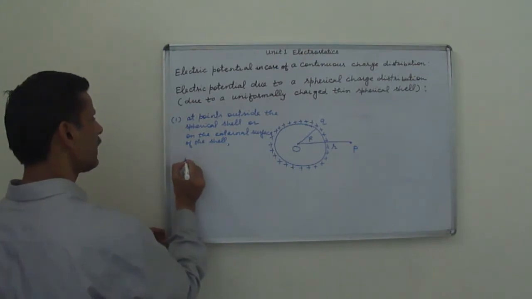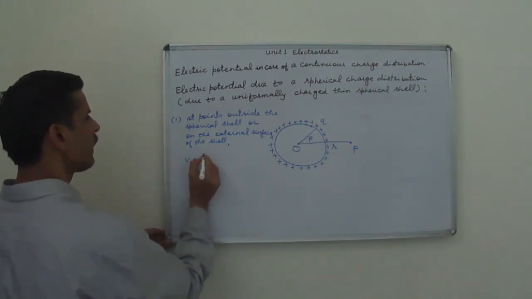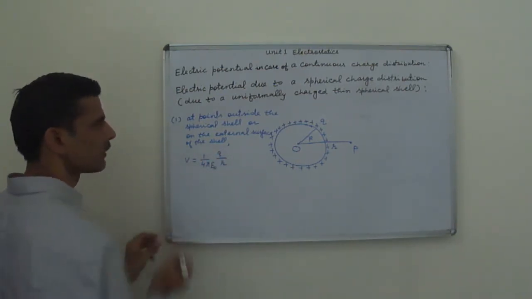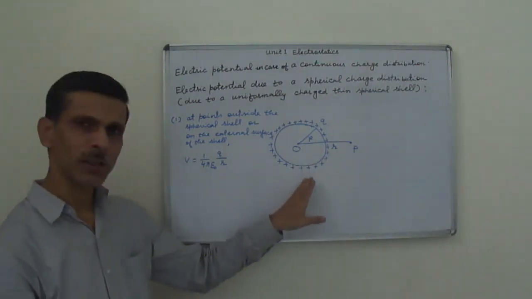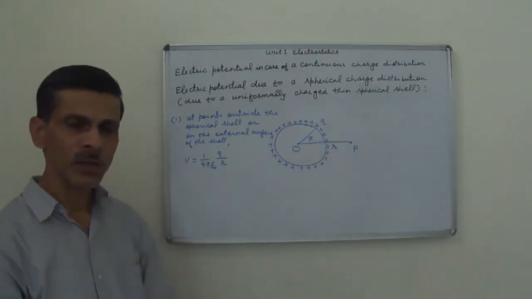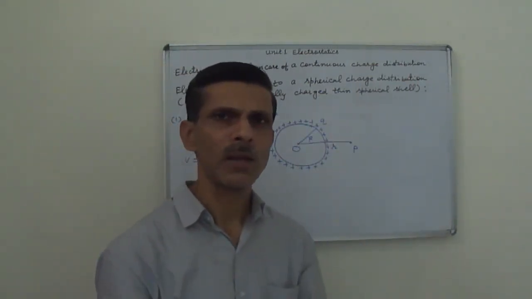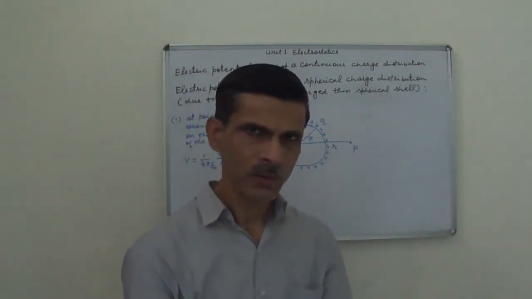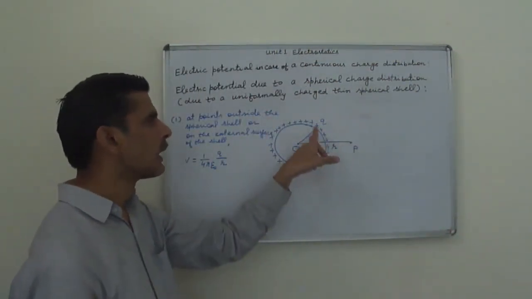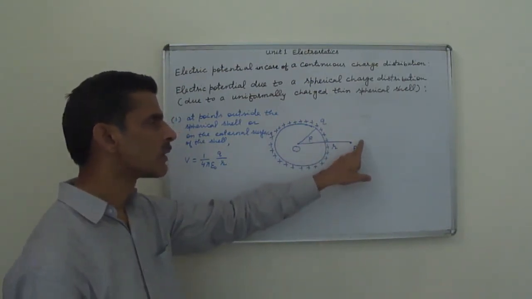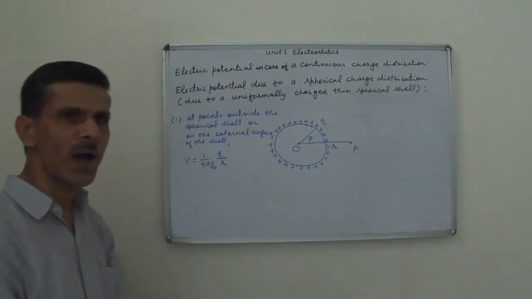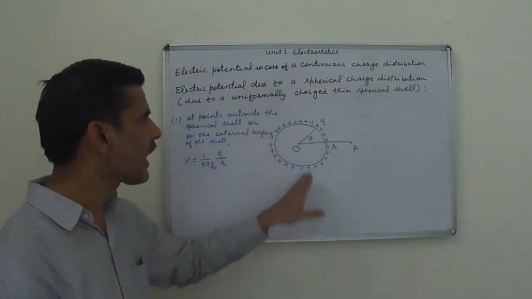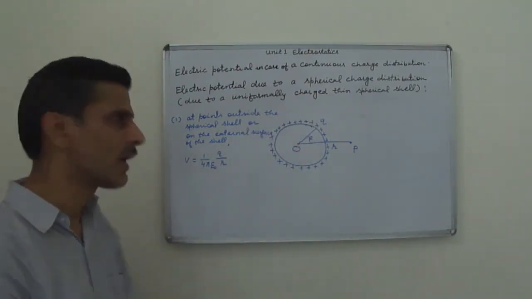So here at point P, potential V is equal to 1 upon 4 pi epsilon naught Q upon r. Here we have assumed shell theorem 1 in electrostatics. A shell of uniform charge exerts force on a point charge outside the shell as the charge of the shell is concentrated at its center.